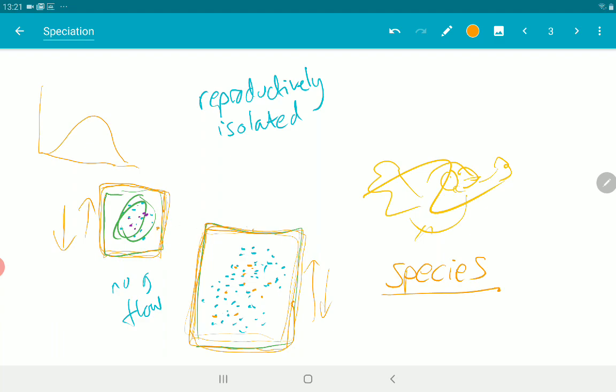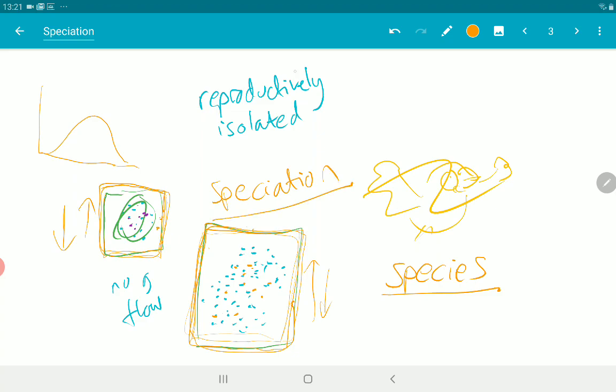That's not going to be true for these two populations after enough time has passed. So we would say that they are therefore eventually going to become two different species. What's happened is what we call speciation.